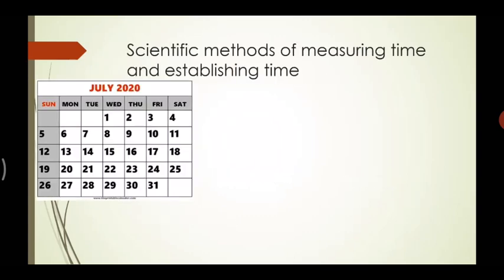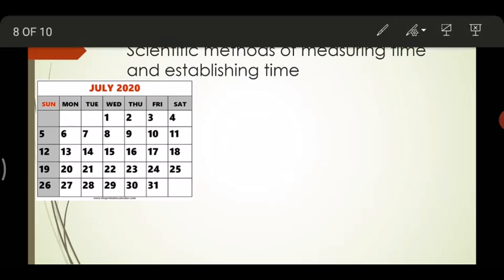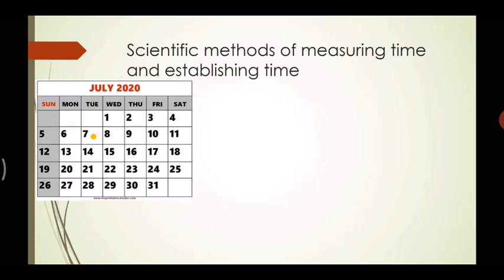Let's move forward. Now we are going to learn the next point, that is scientific methods of measuring time and establishing time. Now see students, can you tell me what is the date today? For example, today is 7th July. Okay, take an example, 2020.